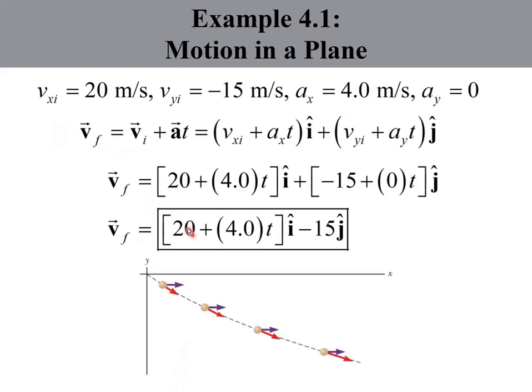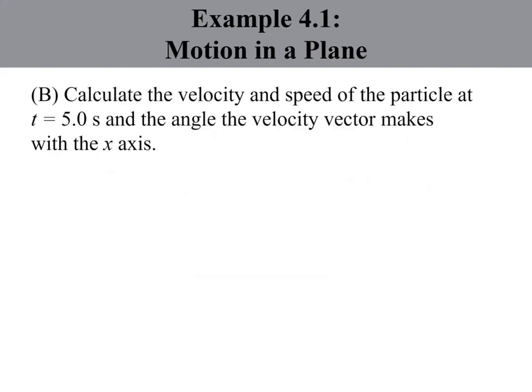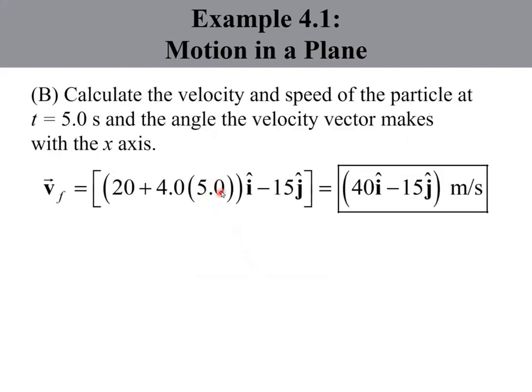Last time we have the equation of it at any time. So now when time equals 5 seconds, put 5 into this equation, into the t, then we have this. So this will be the velocity in terms of unit vectors.